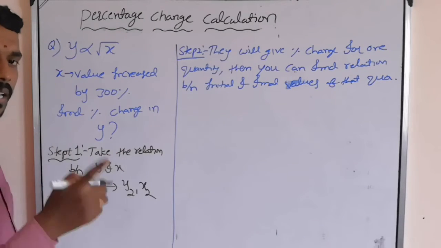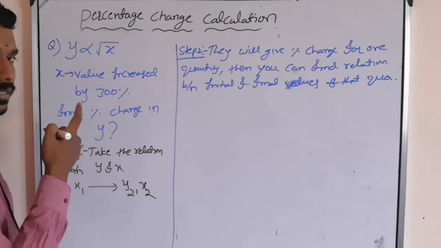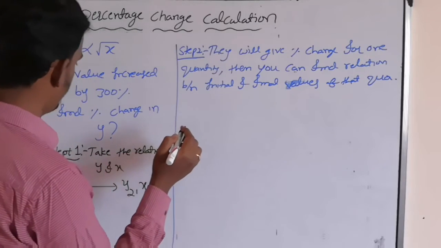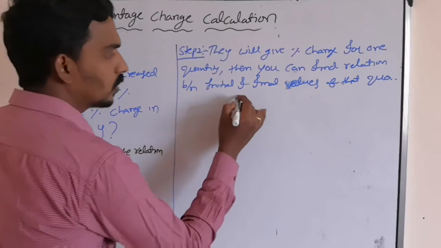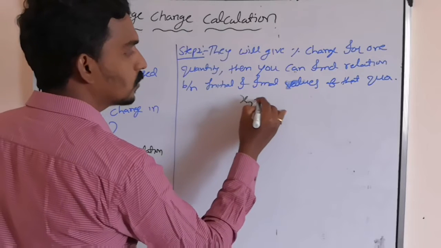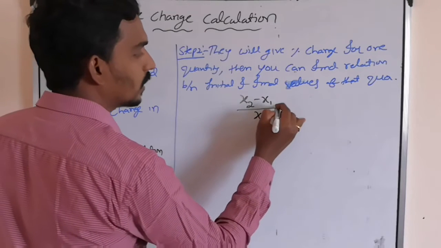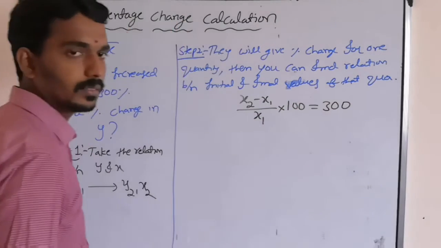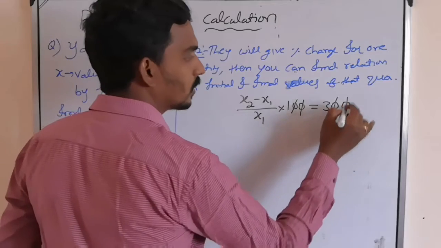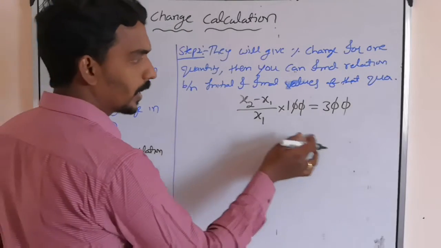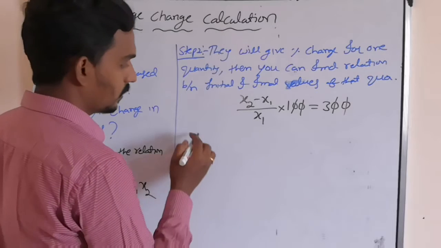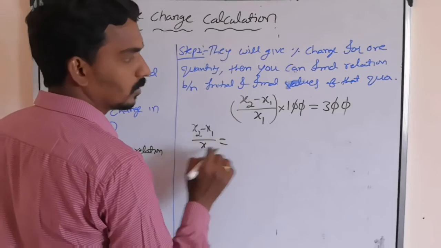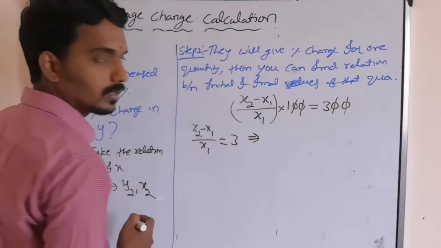Like in the given question, they have given the percentage change in x. Percentage change in x means x2 minus x1 by x1 into 100. How much have they given? 300. So the zeros cancel. Or you take this 100 to this side if you get confused. Then x2 minus x1 by x1 equals 3.